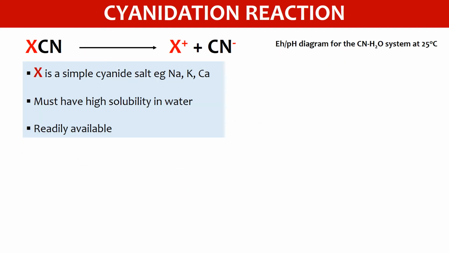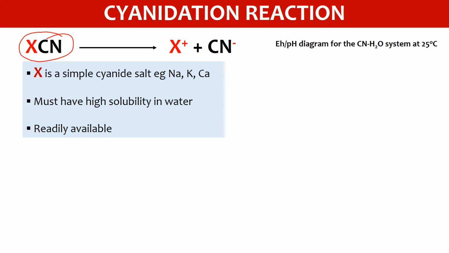So basically, the cyanidation of gold is done using a lixiviant, as we said, cyanide. But cyanide exists, because you buy it in solid state, together with a simple salt.